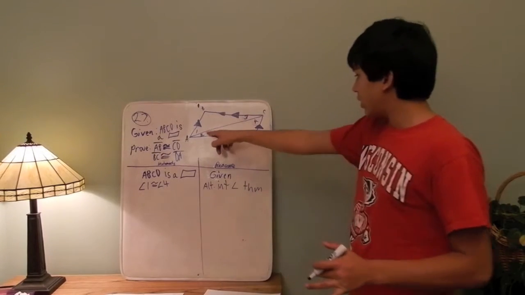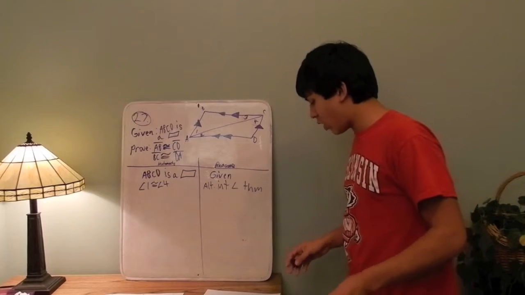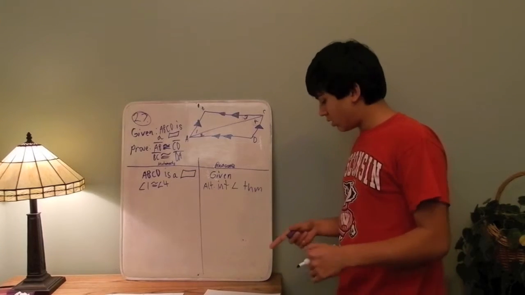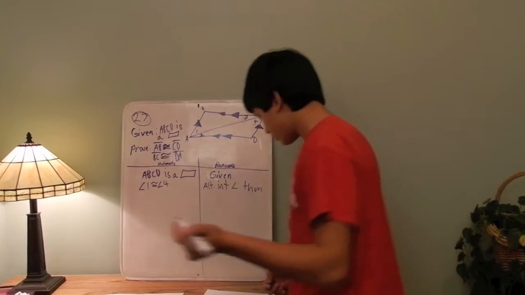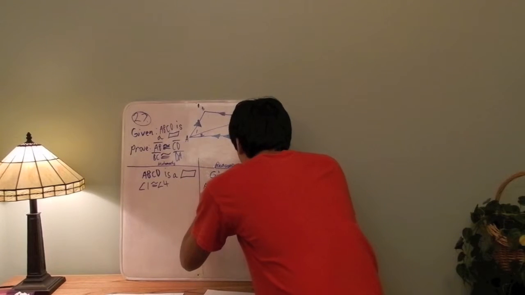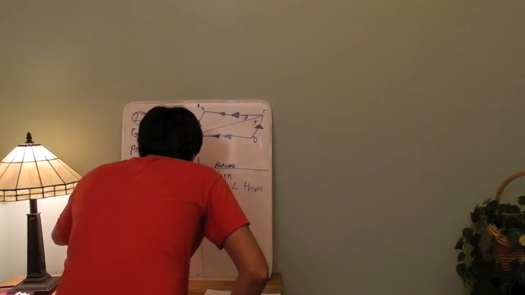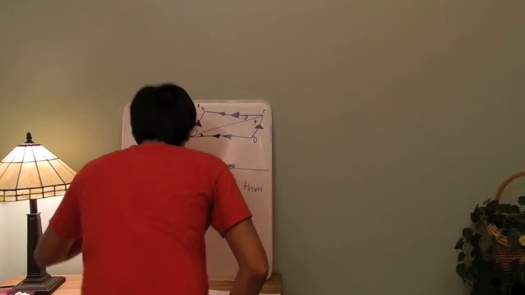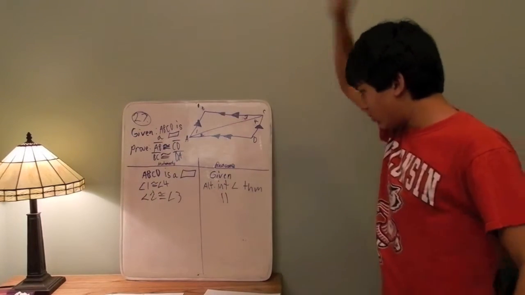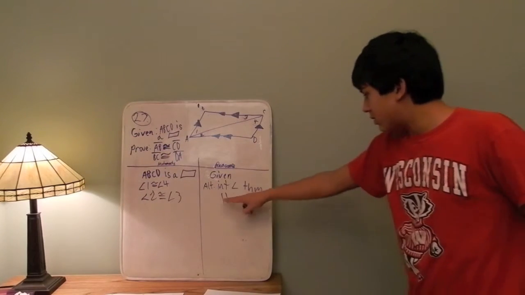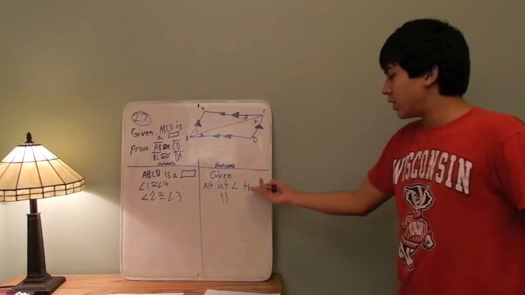Now, we also know that angle 2 and angle 3 are congruent, also due to the alternate interior angles theorem.